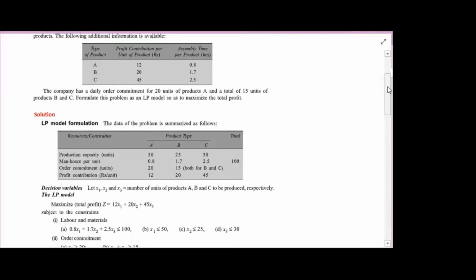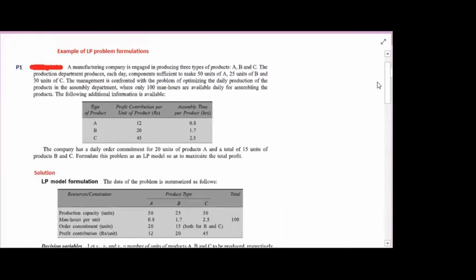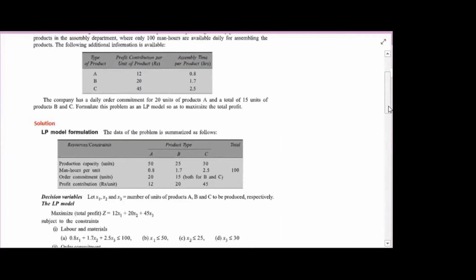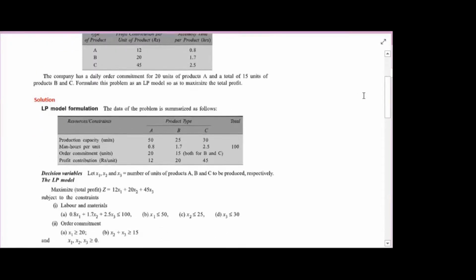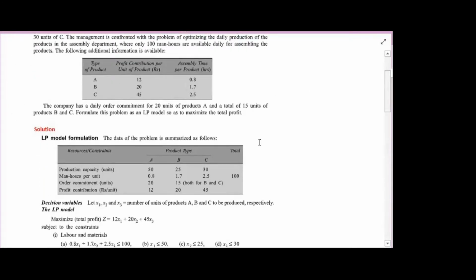First, we can summarize the problem data in table form. See here, what are the resources and constraints, right? The production capacity. We have production capacity of how much? 50, 25, and 30. Here you can see production capacity. It means we have sufficient raw material to produce 50 units of A and 25 units of B and 30 units of C, right?